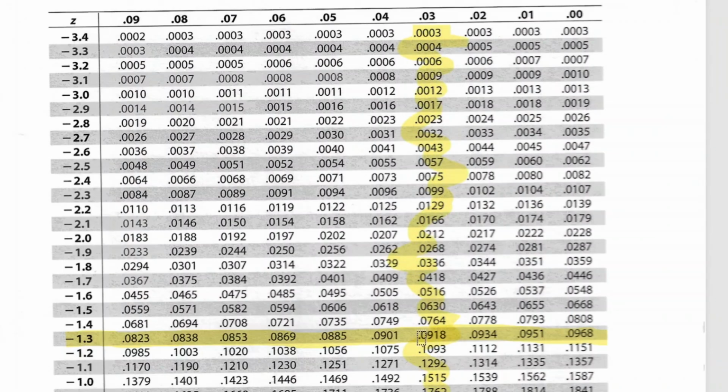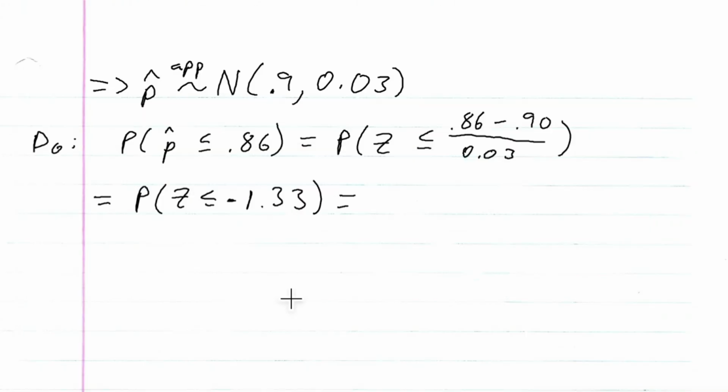We can see that the one we're looking for is 0.0918. So the probability that our sample proportion is less than or equal to 0.86 is equal to 0.0918. Let's go ahead and conclude.